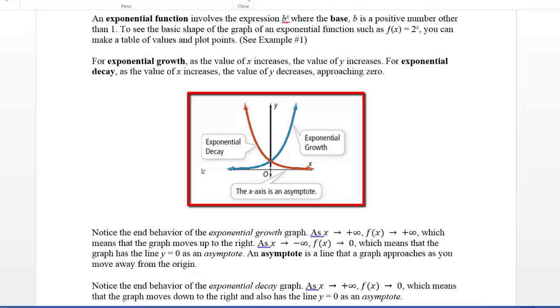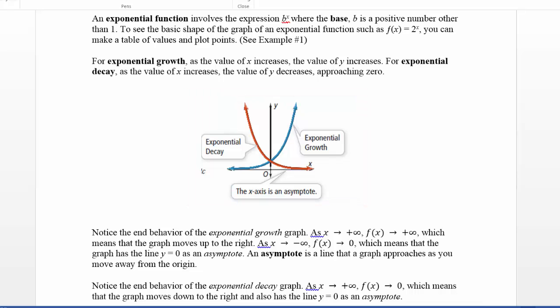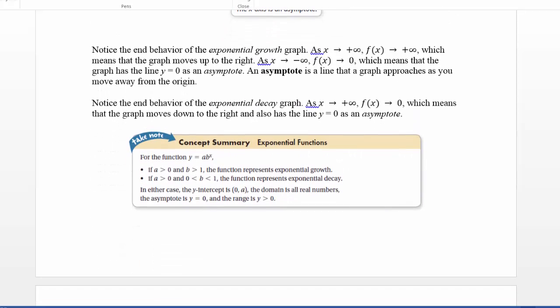Now, if you notice, the x-axis is an asymptote. So you have experience with end behavior using asymptotes. If you look down here in this concept box, you'll get a quick summary of everything regarding growth and decay functions. And so you can see if the b value is greater than 1, we have an exponential growth. If the b value is between 0 and 1, we have exponential decay.